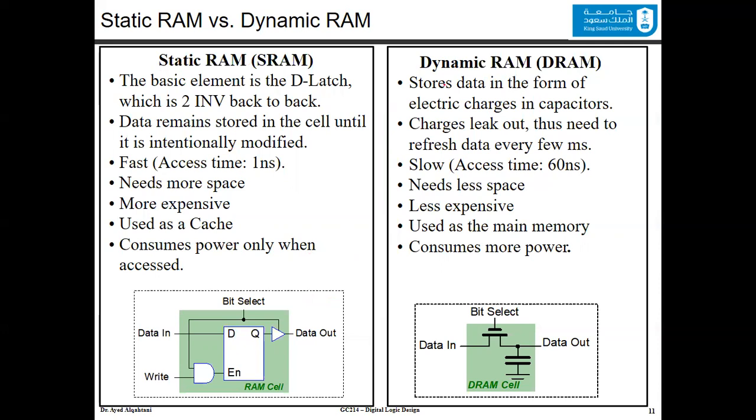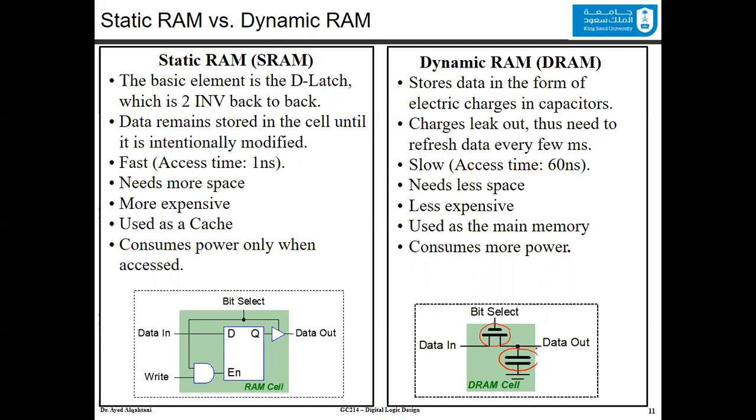In the dynamic RAM, the charge is stored in the form of electric charge in a capacitor. So we have a capacitor here. If it is fully charged, then it's storing the logic 1. If it is not fully charged, or empty, then it's storing a 0 value. We have this NMOS transistor to control the data in.